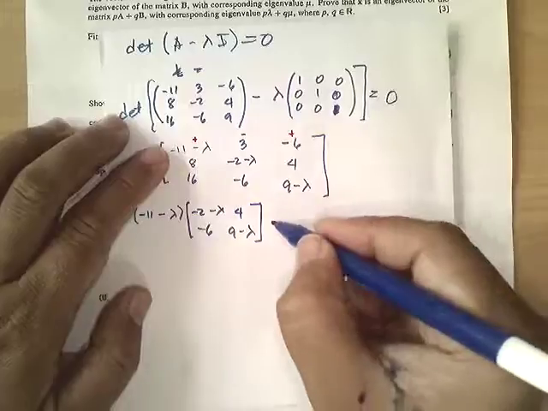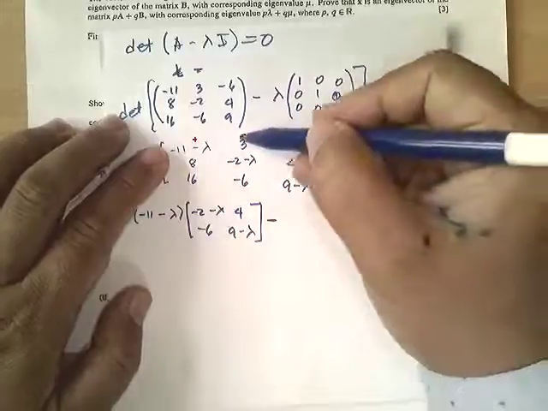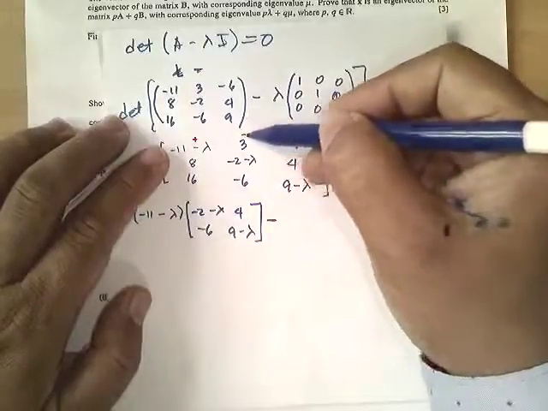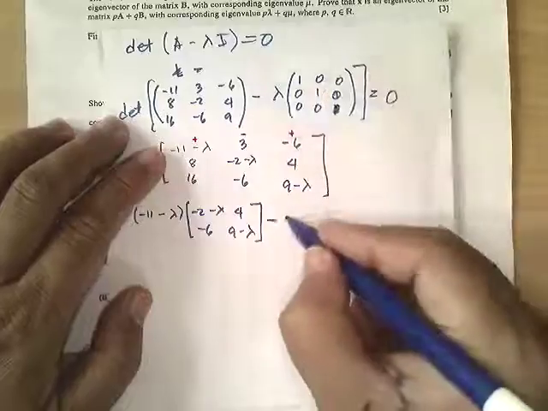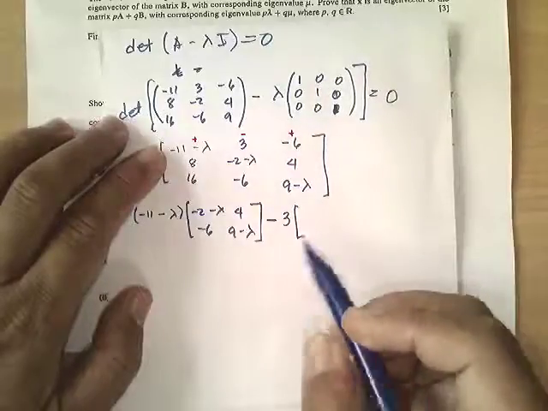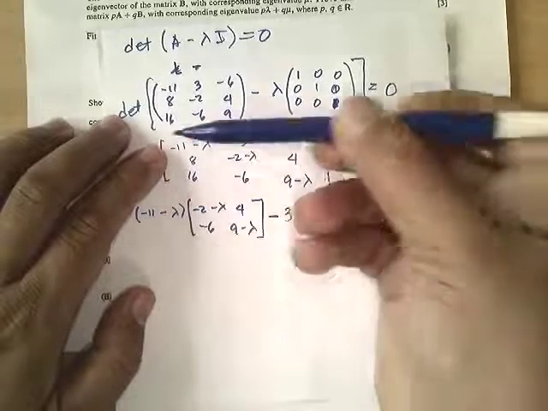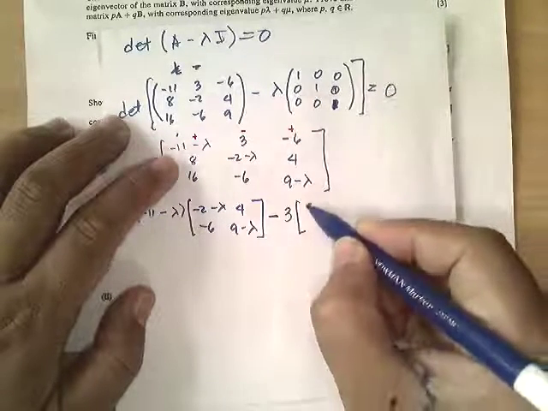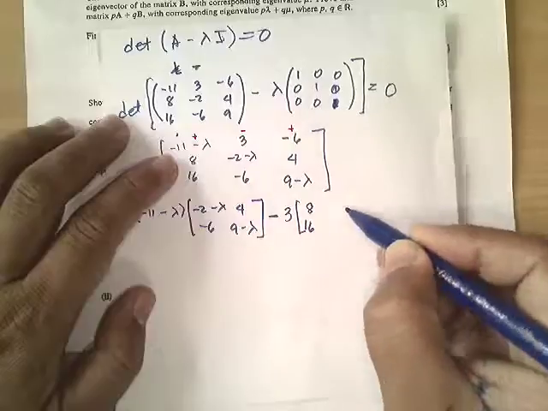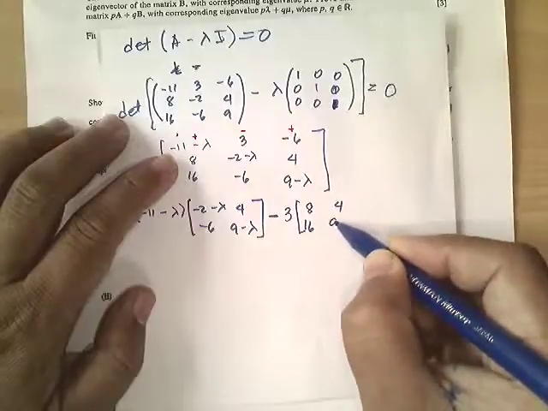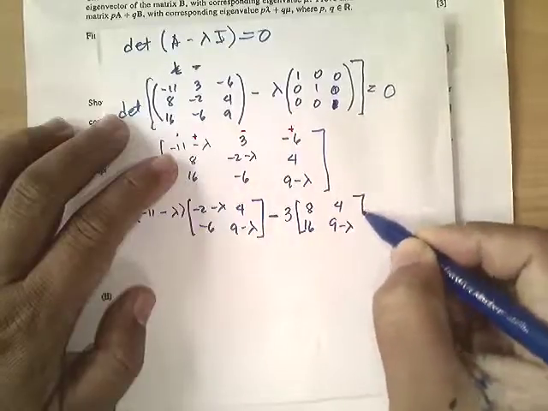And then minus, because of this minus sign here, minus 3 times the cofactor again. You cover this part, you cover that part, so you end up with 8, 16, 4, 9 minus lambda.